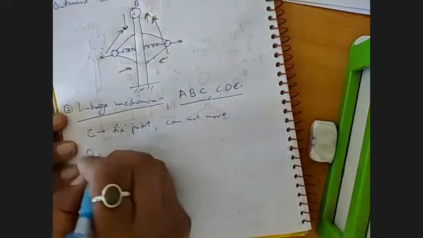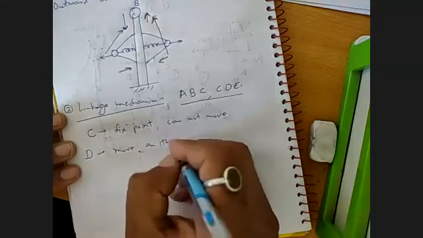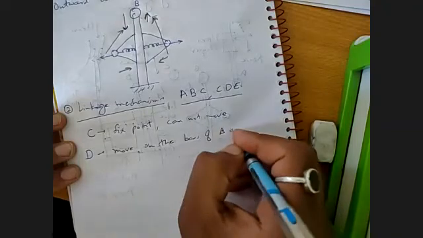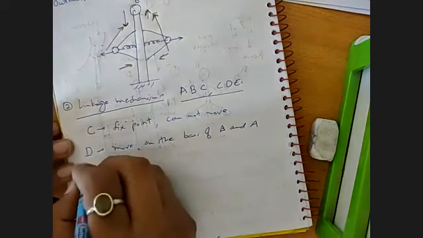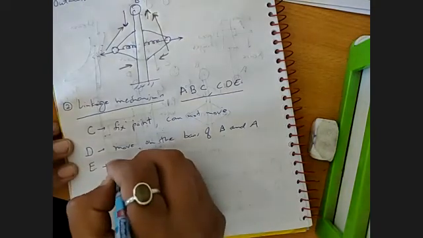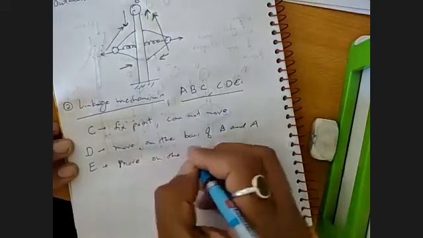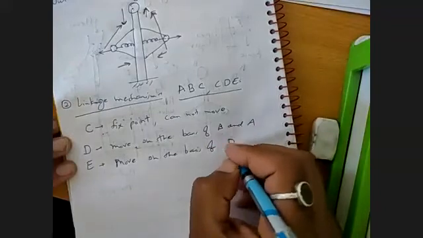D point will be moved on the basis of B and A. According to A and B points, your D point will be moving, and your E point will be moving on the basis of D point.